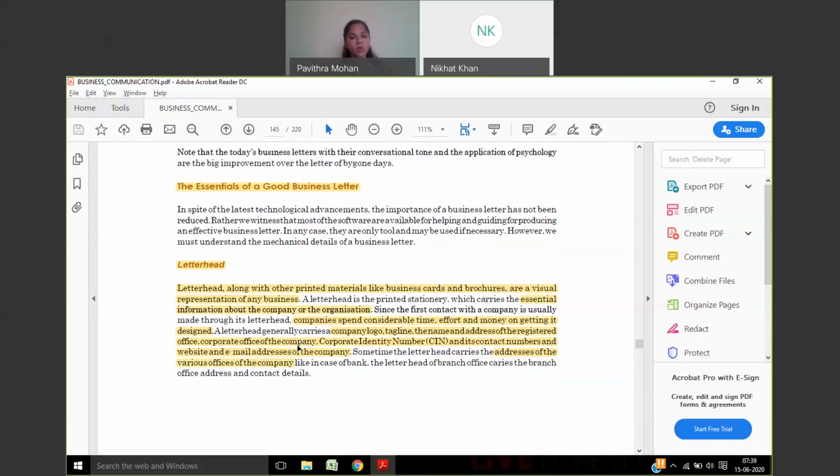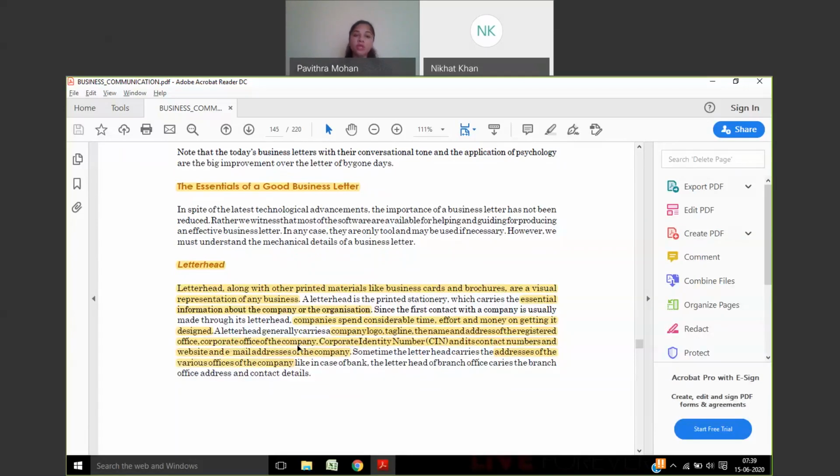So in a letterhead, what happens? Let's say you're studying for company secretary, and after you become a company secretary, you will be working for LLPs or private limited and public limited entities. For all these, you have to ensure the compliance is taken care of.